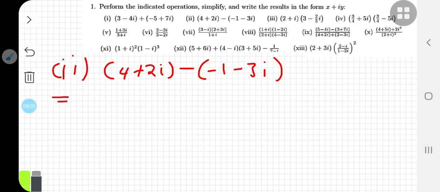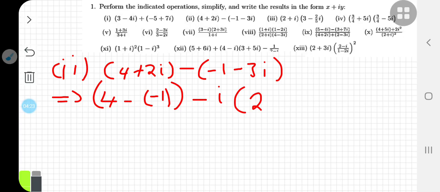So here we have 4 minus negative 1, minus i, then I have 2 minus negative 3.